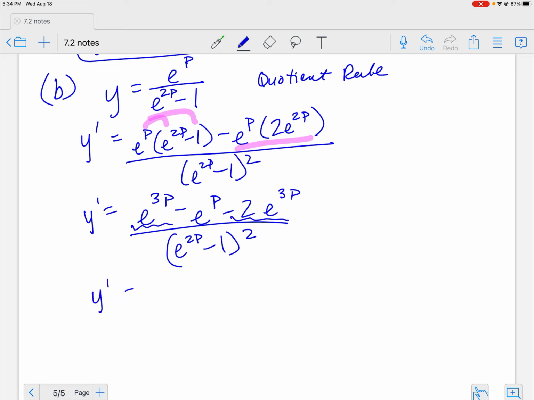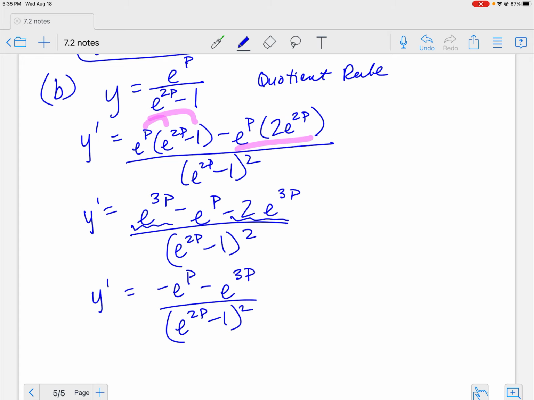And I'm going to factor out a negative just because it makes me... Oh, we could even do more than that, couldn't we? Oh, check this out. So I have negative e to the p minus, how many we have there? E to the 3p, all over e to the 2p minus 1 squared.